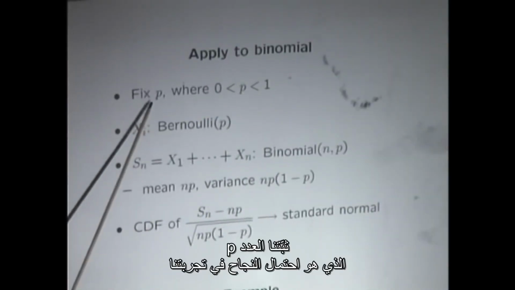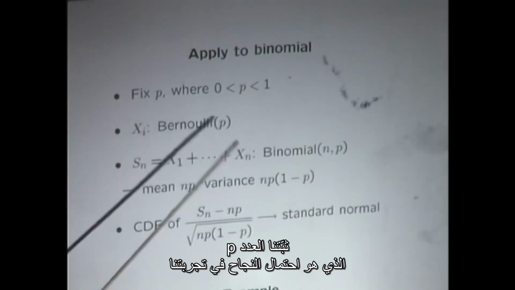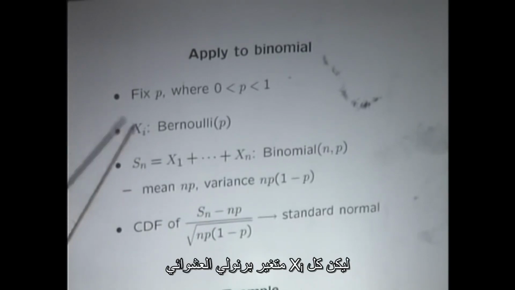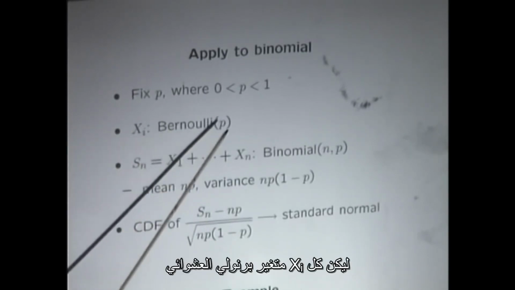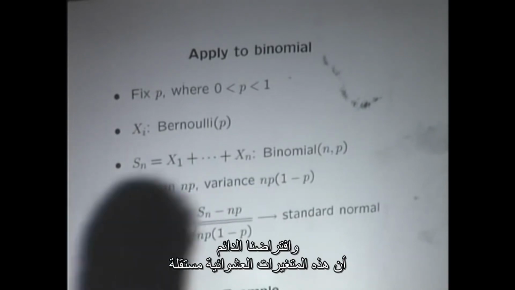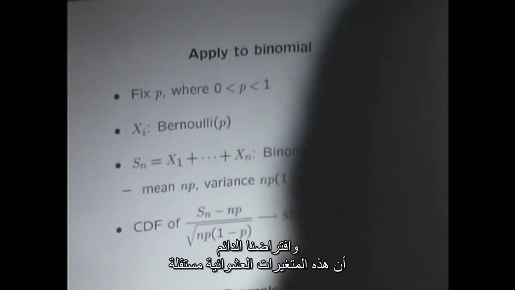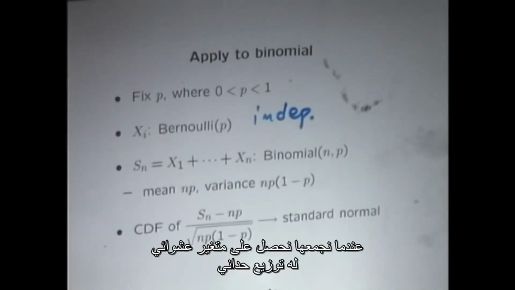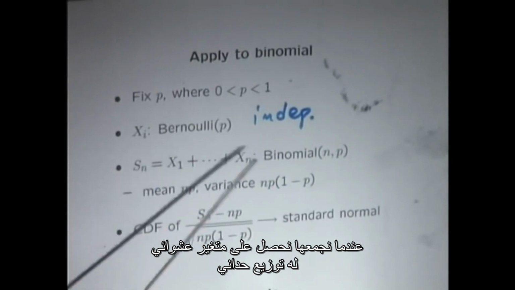We fixed the number p, which is the probability of success in our experiments. p corresponds to f in the previous example. Let every Xi be a Bernoulli random variable, and our standing assumption is that these random variables are independent. When we add them, we get a random variable that has a binomial distribution.